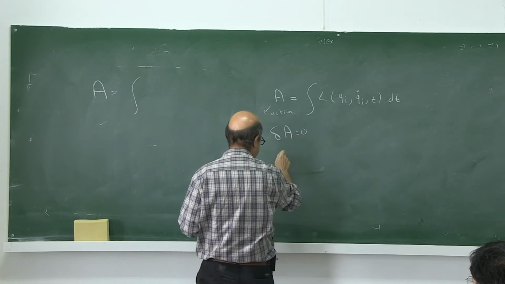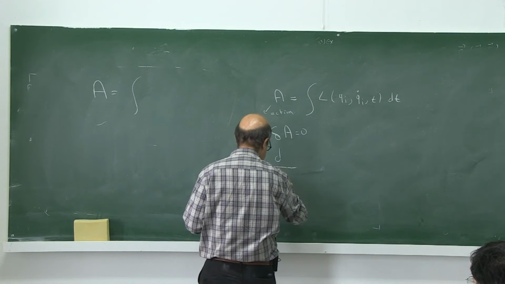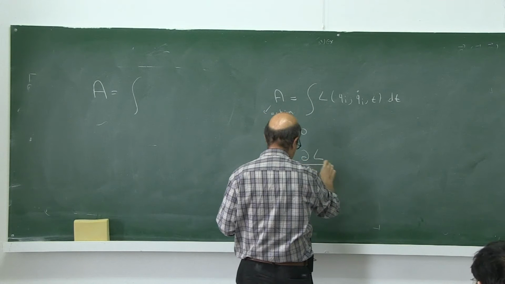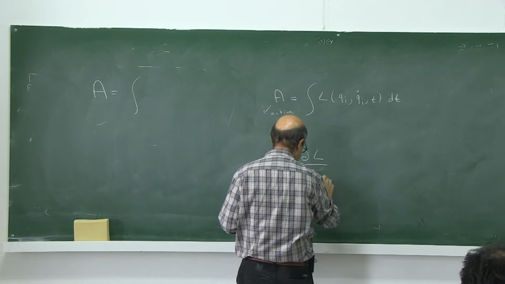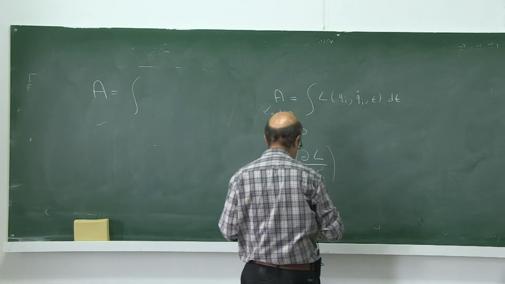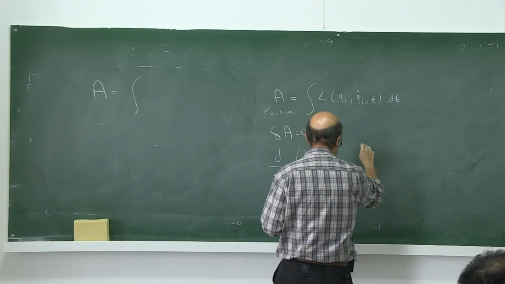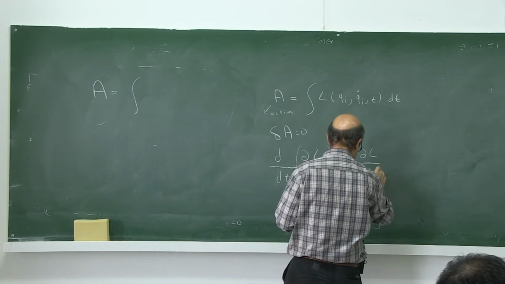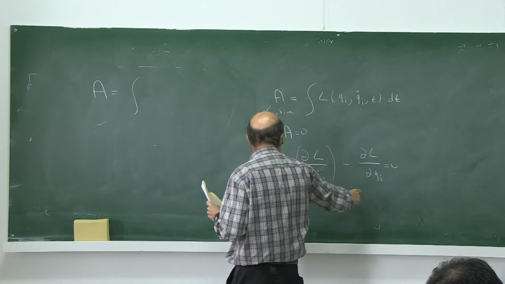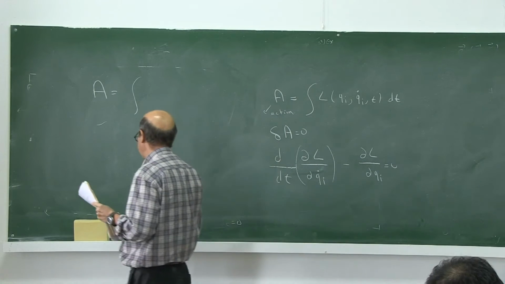If you take the variation, you will find d over dt del L over del q i dot, the derivative of the Lagrangian with respect to the derivative of the coordinate, minus del L over del q i. This is coordinate dependent, this is velocity dependent.